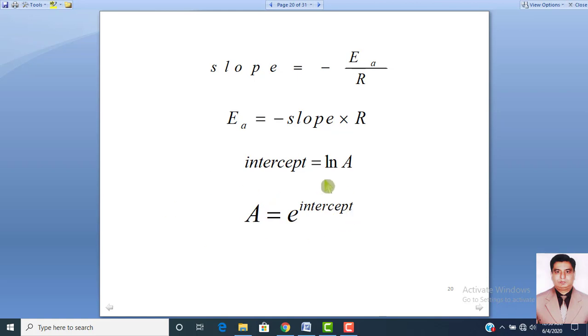From this relation we can find out the value of the Arrhenius constant by taking the intercept as a power of the exponential base.